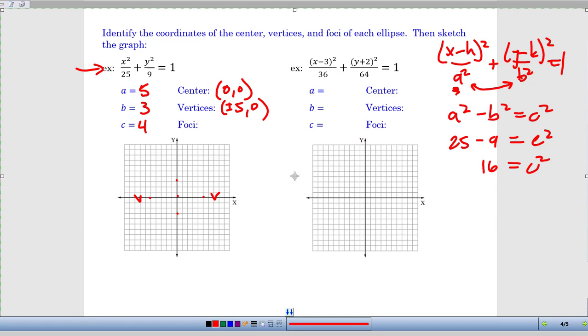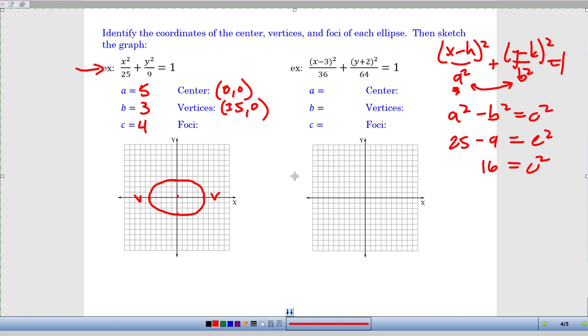It's the endpoints of the major axis, in this case the horizontal way through the ellipse, that have the specific name of being vertices. And so really at this point we have enough to be able to draw the sketch of our ellipse. We know how far to the left and right it extends. We know how far up and down it extends. So that's enough for us to be able to draw a sketch of the curve.